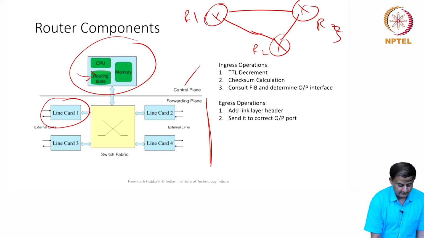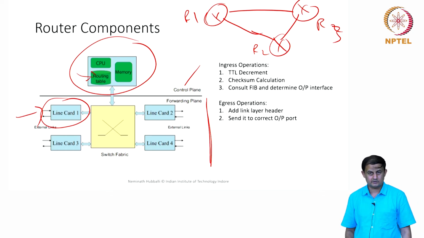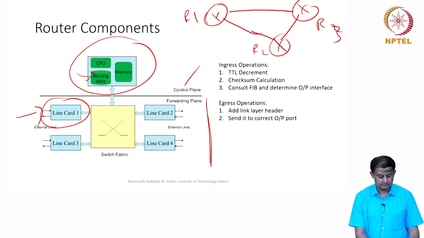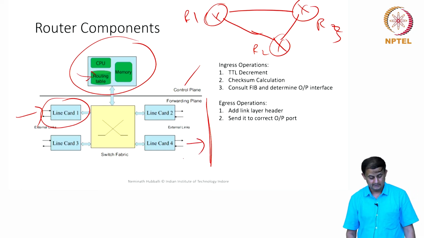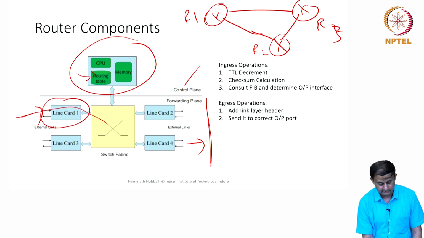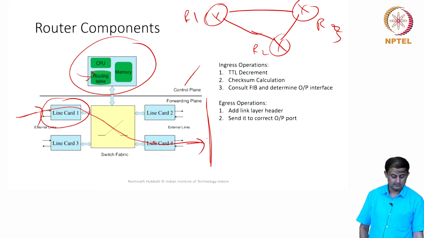It tells you, if I receive a packet on this line card, and taking reference to the routing table that is loaded into this forwarding plane, I decide I need to go to this exit line and then forward this packet. The packet comes here, goes to this interface and then exits the router.